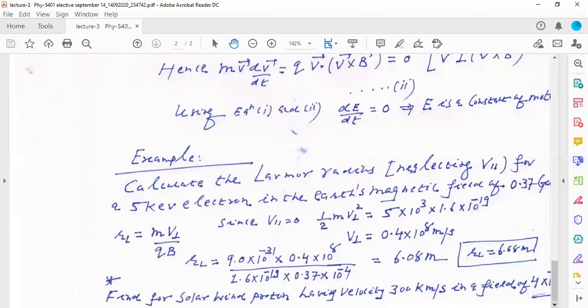We will find the trajectory of the charged particle as well as the drift experienced by it. This drift is known as the electric drift, which I would like to explain in the next lecture. So I'll stop here. Thank you very much.